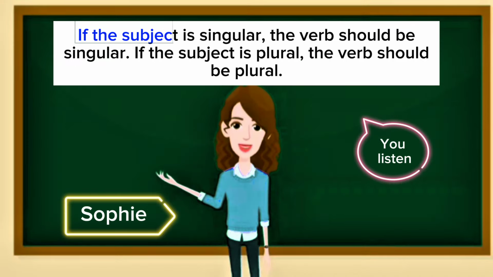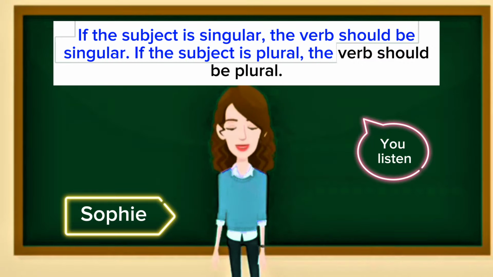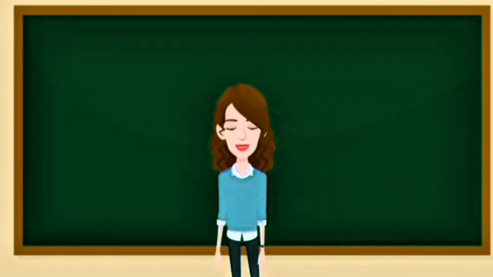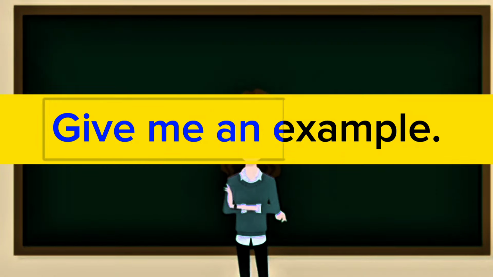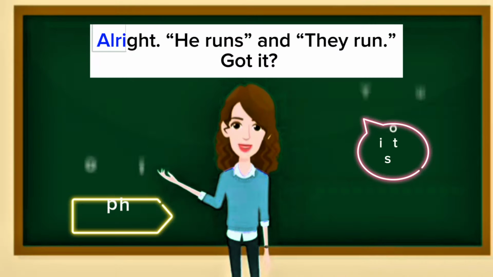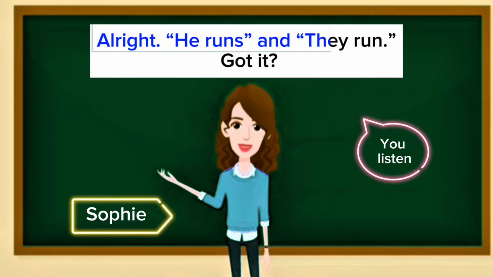If the subject is singular, the verb should be singular. If the subject is plural, the verb should be plural. All right, he runs and they run. Got it.